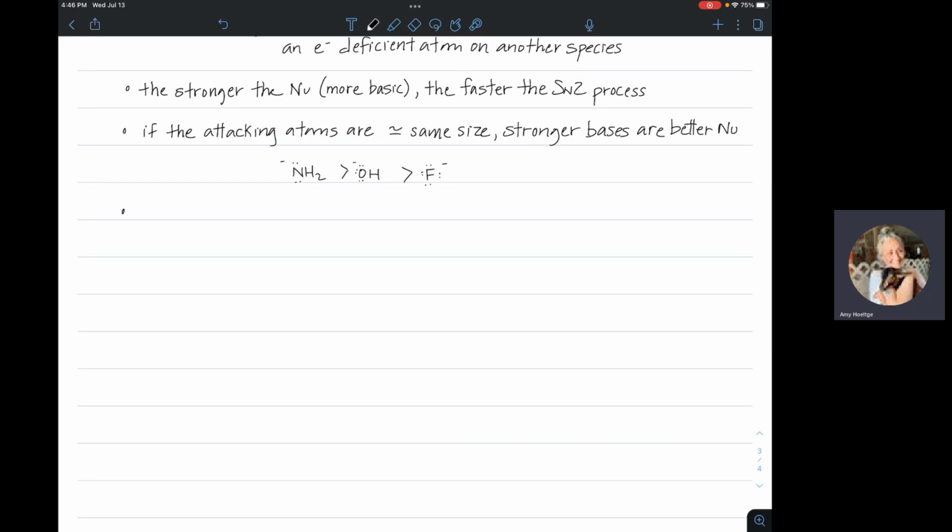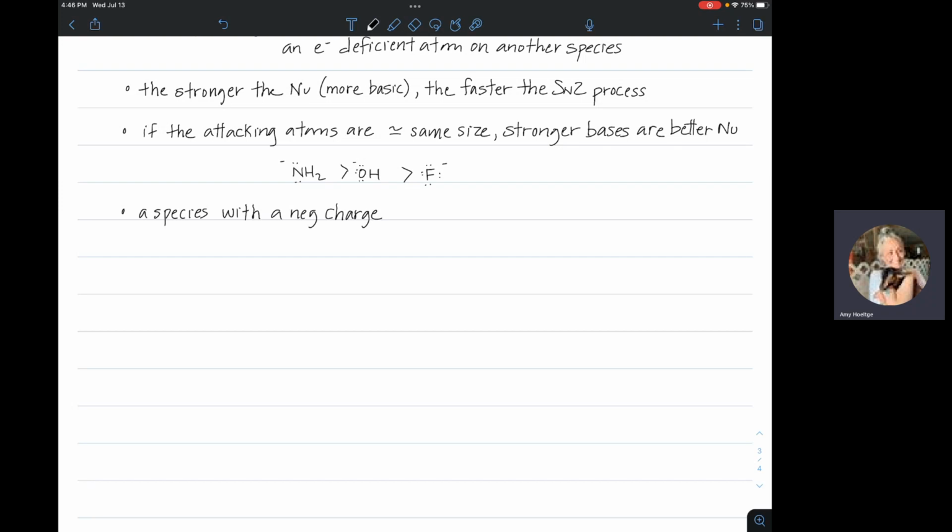A species with a negative charge is going to be a stronger base than its neutral counterpart.